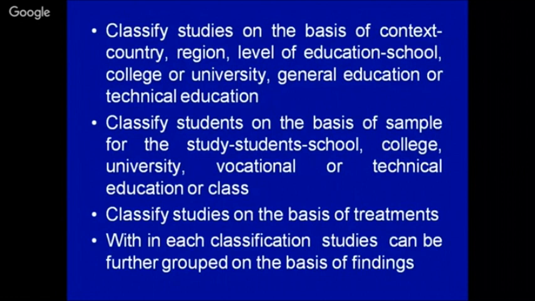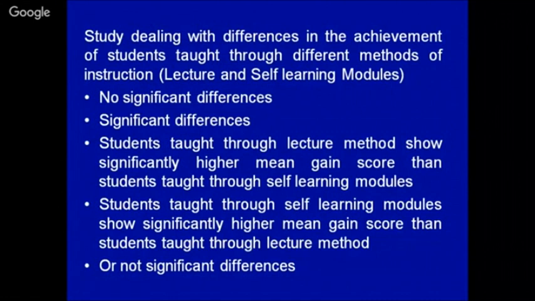Then within each classification, you can classify studies on the basis of findings. The review of related literature becomes readable, becomes understandable, and you can draw conclusions from the review easily if you have classified the studies into some broad categories.